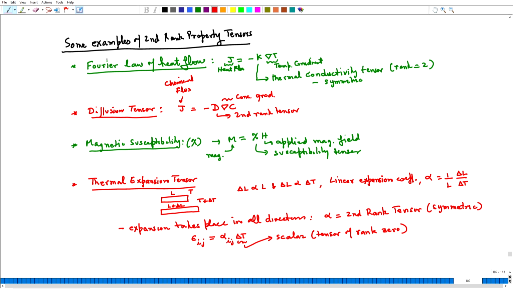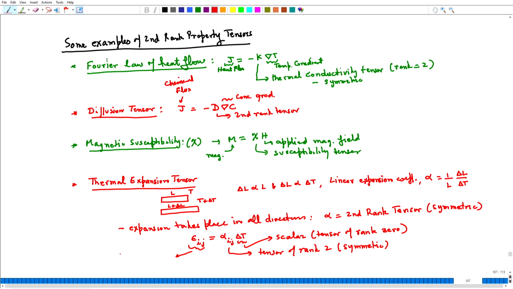So, alpha ij is a tensor of rank 2, and this will also be symmetric, because epsilon ij is also symmetric.